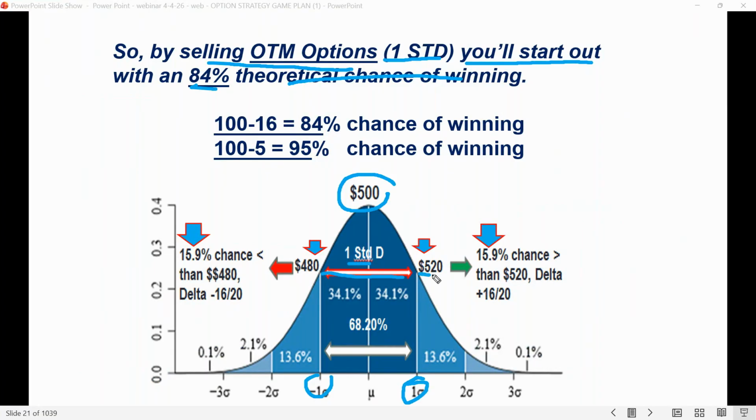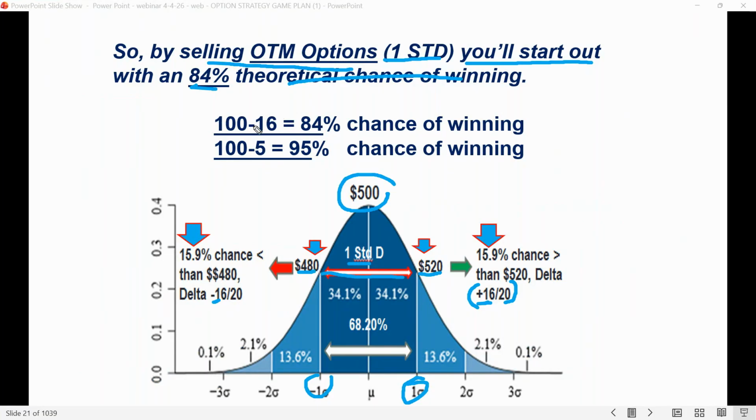Now, this price point basically has a 16 delta. I usually look at it like a 16 or 20 delta, but it's right at a 16 delta: plus 16 for the call option and a minus 16 for the put option.